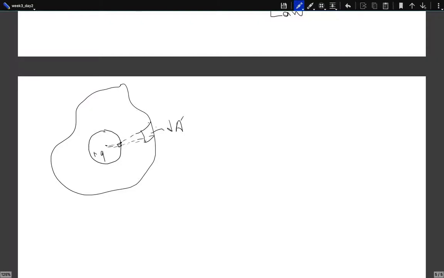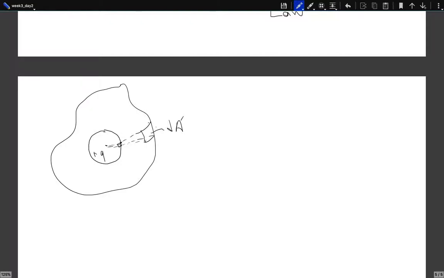Now on this shape, the electric field will be small, but the area will be large. On this shape, the electric field will be larger, but the area will be smaller. How large will the electric field be here? Well, it depends on this distance. If this distance is twice this distance, then the electric field here is 4 times larger than the electric field over there.